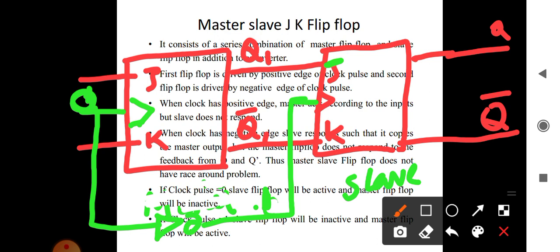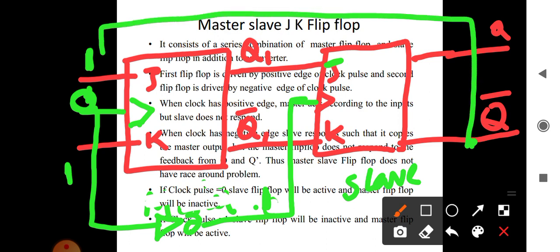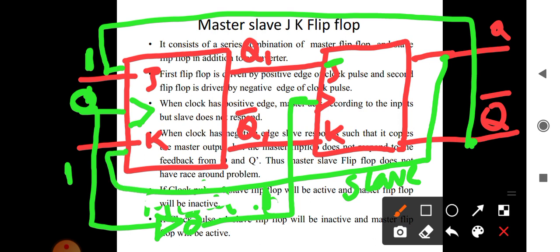See what happens when you give the toggling condition, J equals 1 and K equals 1. In order to handle that toggling condition, we take the Q complement output from the slave and connect it to the input of the master, and we take Q from here and connect it to the input of the K flip flop.